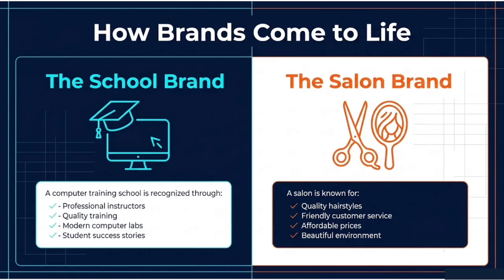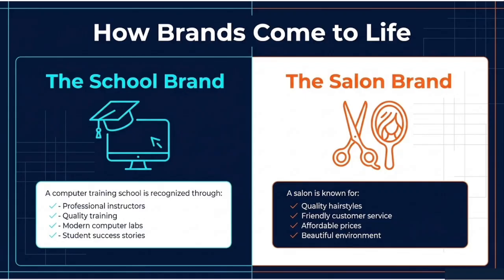People may be able to recognize it through having professional instructors. A good computer training school can also be recognized and remembered for offering quality training. Maybe the school can also be recognized and remembered because of having modern computer laboratories.